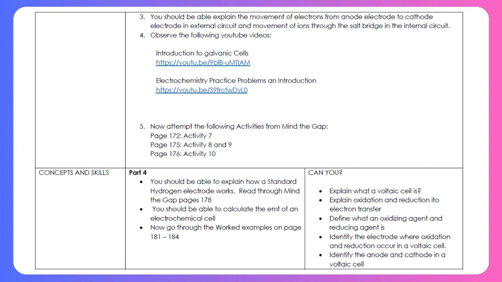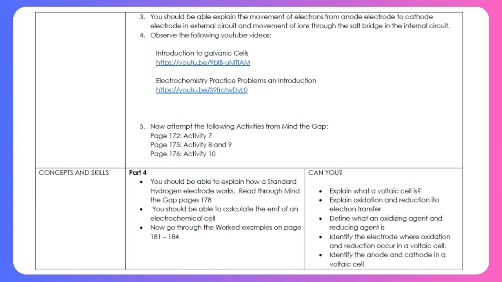Now go through the worked examples on pages 181 to 184. Can you explain what a voltaic cell is? Explain oxidation and reduction (ETO), electron transfer. Define what an oxidizing agent and reducing agent is.